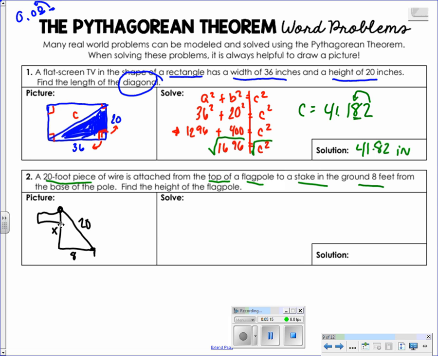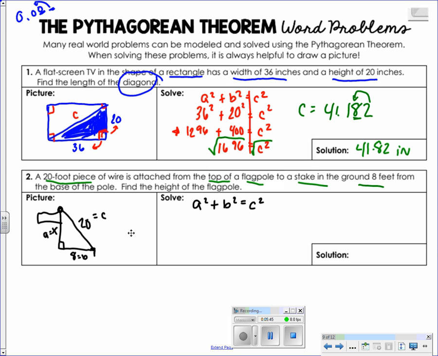And we can assume that because this is a vertical line and this is a horizontal line, that this would be our right angle, and that now 20 is c, and we're looking for one of the legs because we know our hypotenuse. So if I were you, I would label these with either legs or hypotenuse and a, b, and c. Okay, so now we can use the Pythagorean theorem to solve this problem.